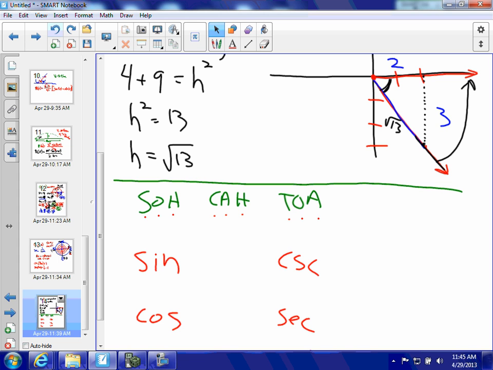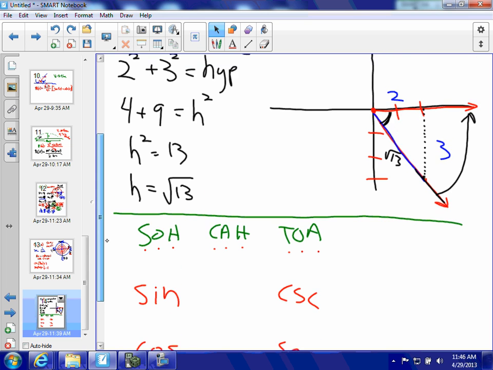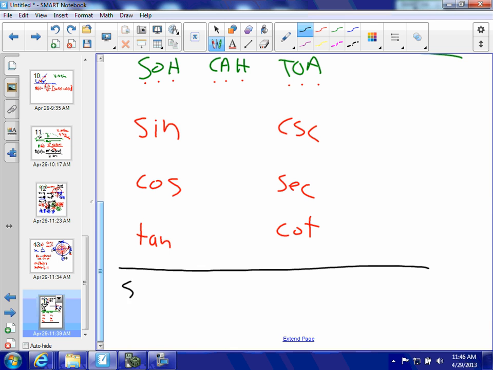So sine is going to be opposite over hypotenuse. So that is going to be 3 over radical 13. Let's get a little calculation area over here. Sine is equal to 3 over radical 13.